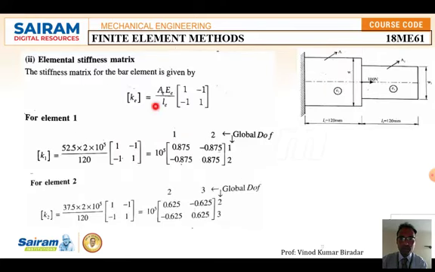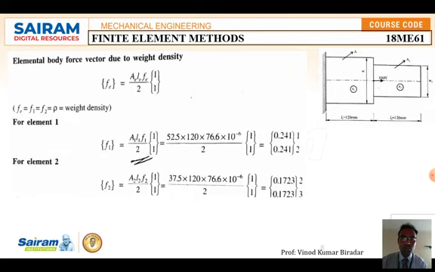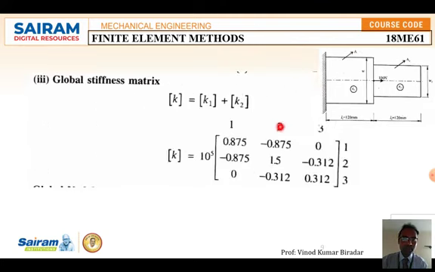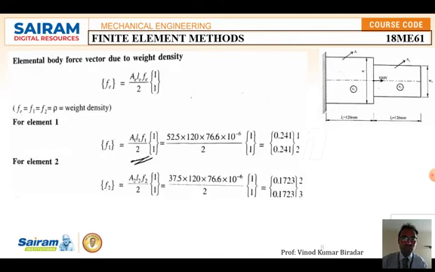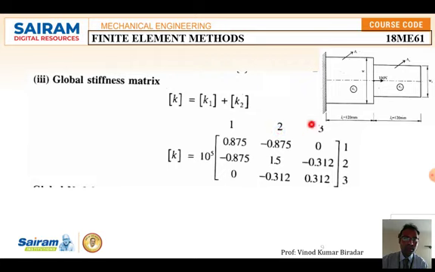In K1 it is 0.875, and in K2 it is not there, so consider 0. So 0.875 plus 0 is equal to 0.875. Similarly, entry 2 1: in K1 there is minus 0.875, and in K2 it is not there, so 0, so minus 0.875. Like that you have to substitute here. For 3 1, check both the matrices, K1 and K2; it is not there, so consider 0. Like this you have to add both matrices, K1 and K2.